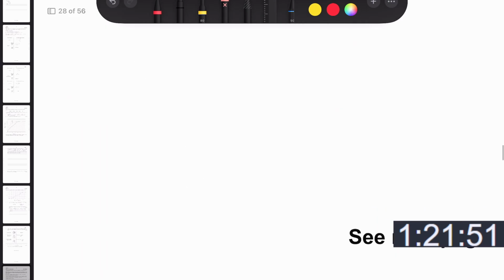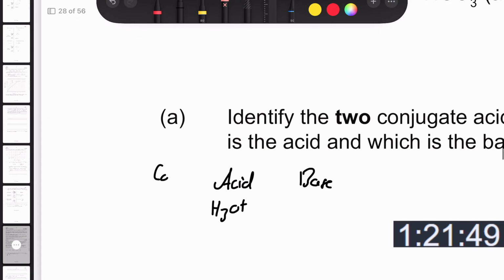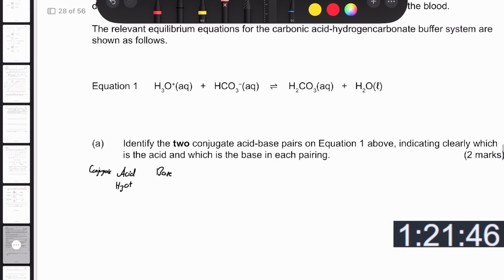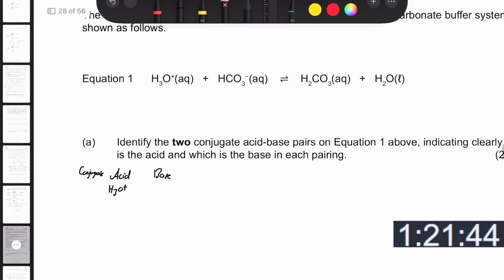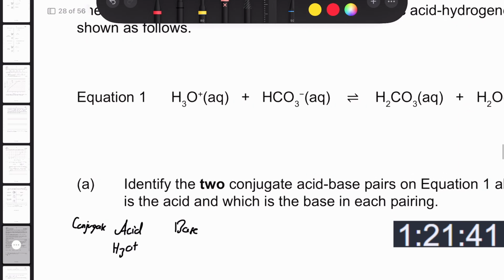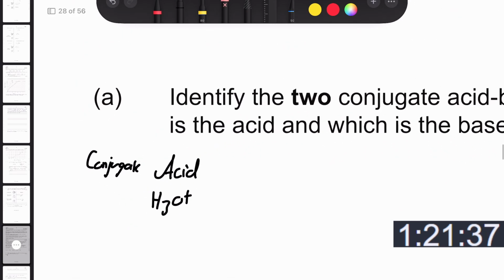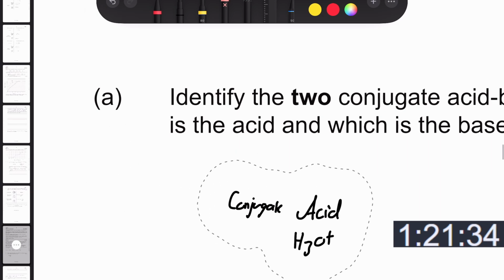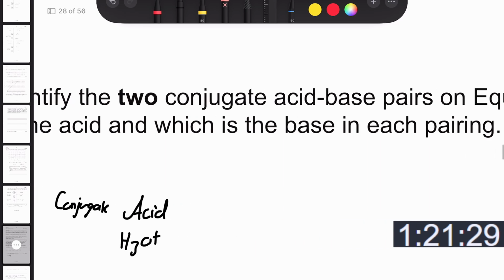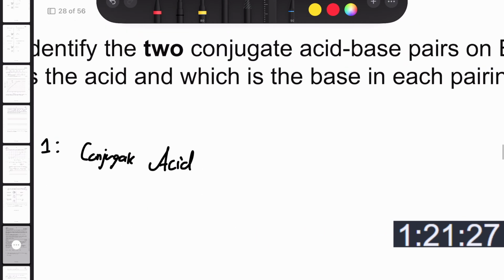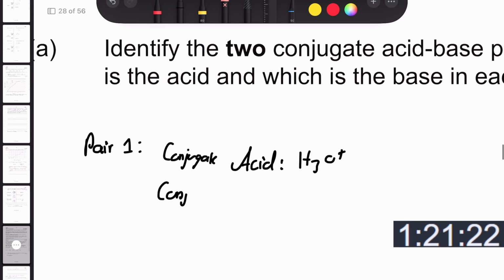Base would be conjugate acid is H3O plus. You're going to say like pair 1: H3O plus, and then conjugate base, which is H2O liquid.